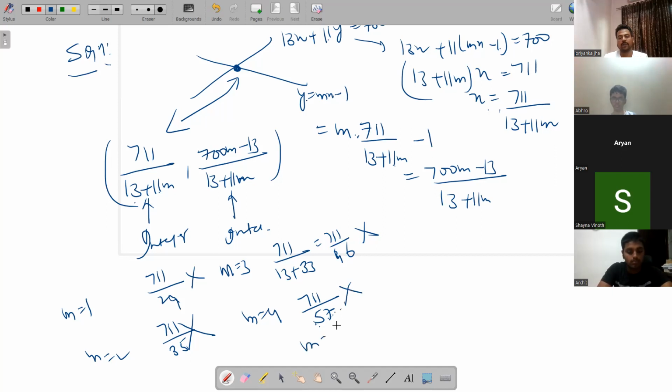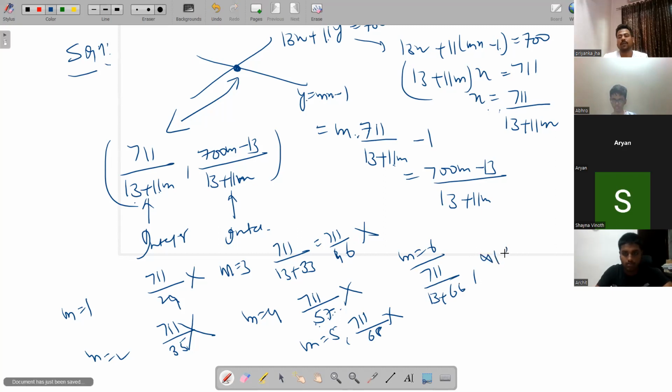Not possible. Put m equal to 5: 711 upon 13 plus 55, 68, not possible. Put m equal to 6: 711 upon 13 plus 66. 700 into 6 is 4200 minus 13, 4187 upon 13 plus 66. If you divide, you will get an integer.